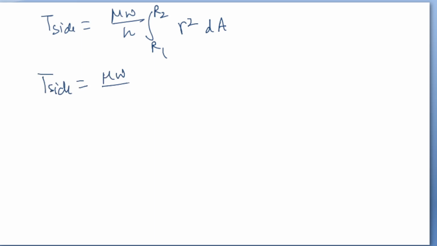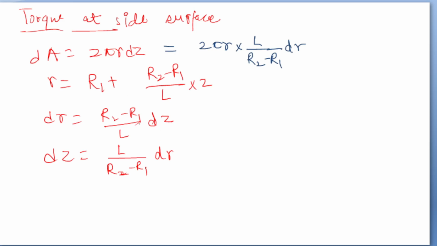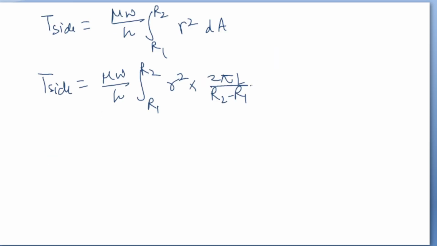Sorry, this is mu omega by h, integrated from r1 to r2, r square dA, which is 2 pi L by (r2 minus r1) into r cube dr.